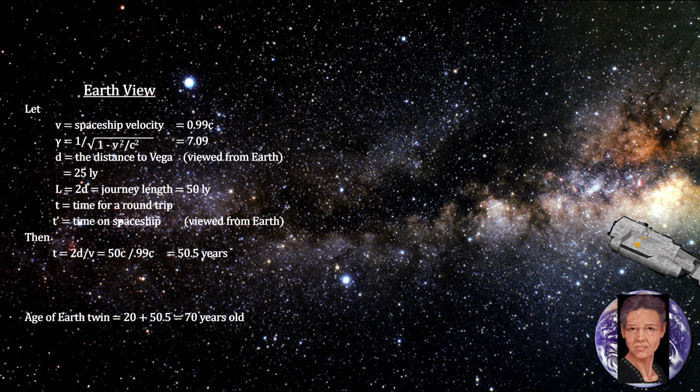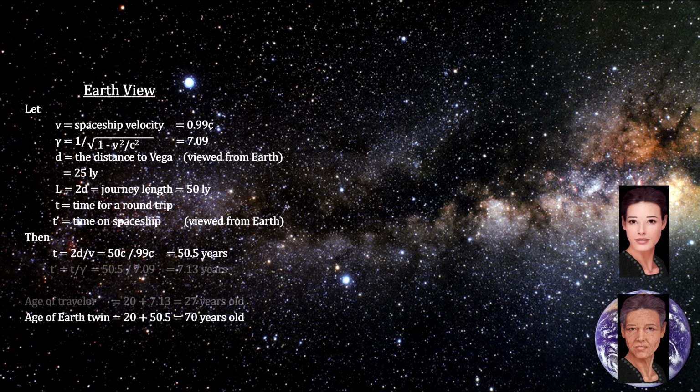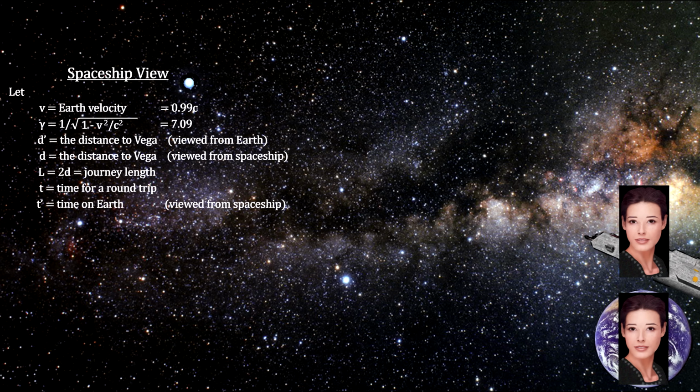But she also observes that her twin's clock ran a good deal slower than hers during the trip. Her twin is aging more slowly than she is. At 99% of the speed of light, time dilation would have the twin at just over 27 years old on her return. But from the point of view of the twin on the spaceship, she is motionless, and the twin on the Earth is moving away and back.